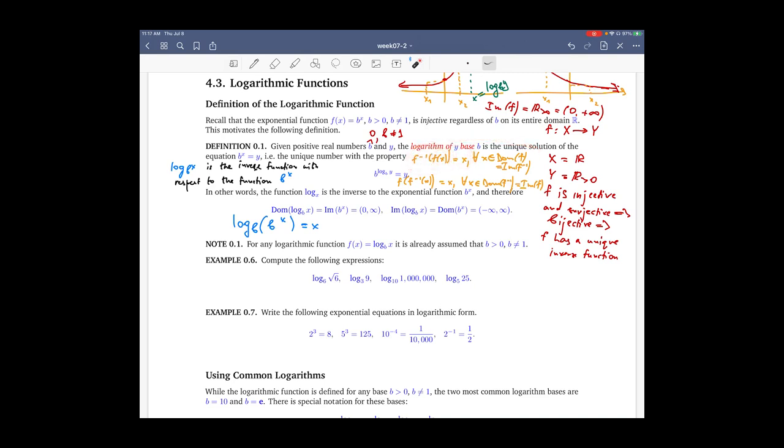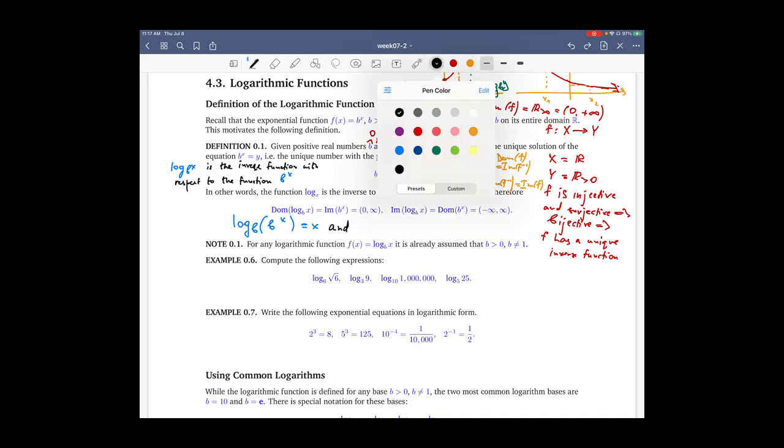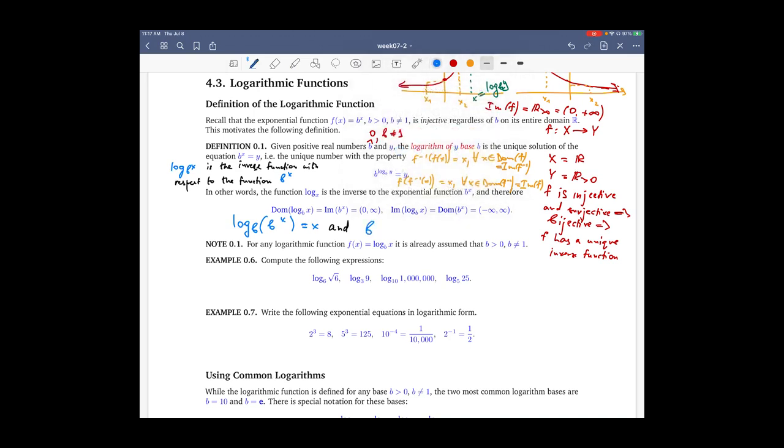So when I apply f inverse to f of x, I get x. And the realization of this other formula, f of f inverse of x, is that b to the power log x base b is x.